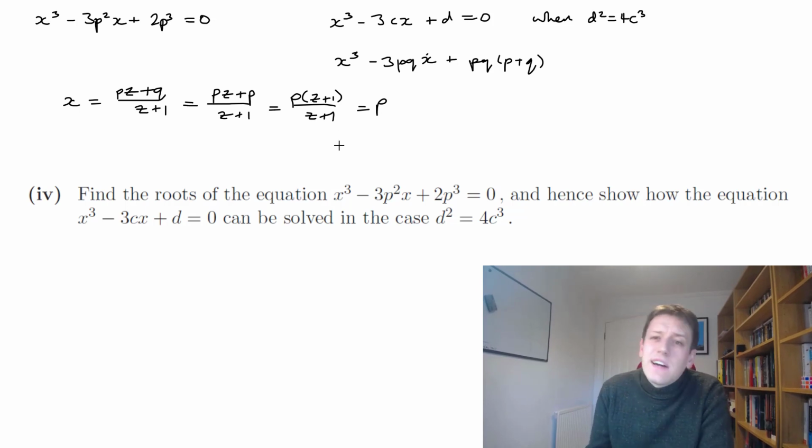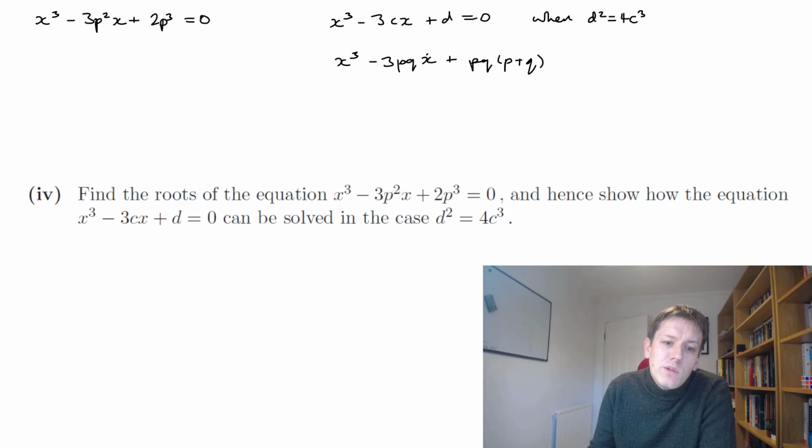And actually, one thing we can do is just notice that x equals p solves this equation, because we get p cubed minus 3p cubed plus 2p cubed, and that is 0. Perhaps if you don't spot that, you might also find it by playing around with this equation from part 1.